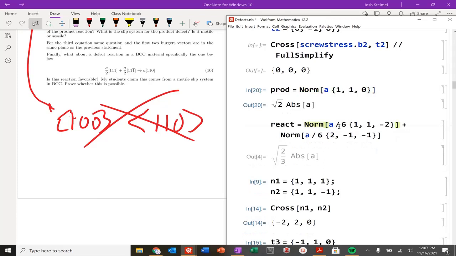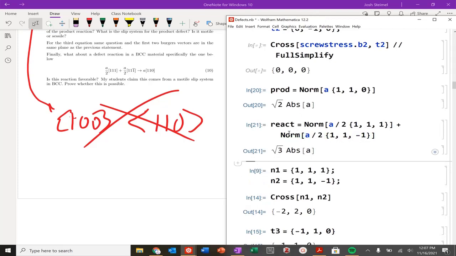This is going to be our reactant, which is A over 2, and we're going to call this 1, 1, 1. We're going to call this 1, 1, minus 1. So reactants to products, so this is a spontaneous reaction. Fantastic. The students claim this comes from a motile slip system. Prove whether this is possible or not.